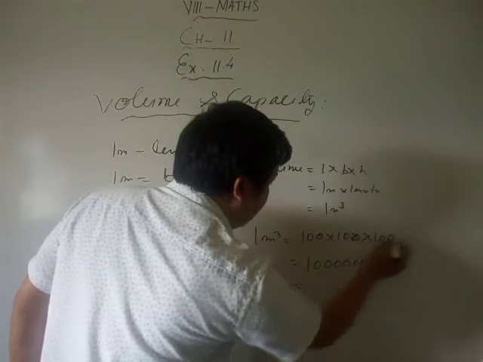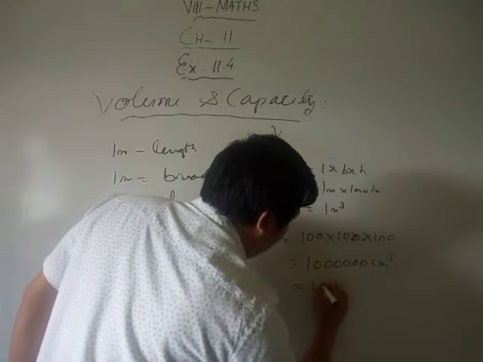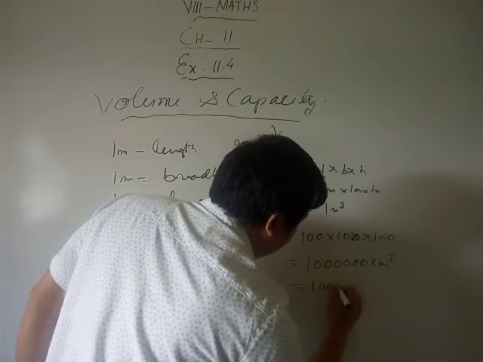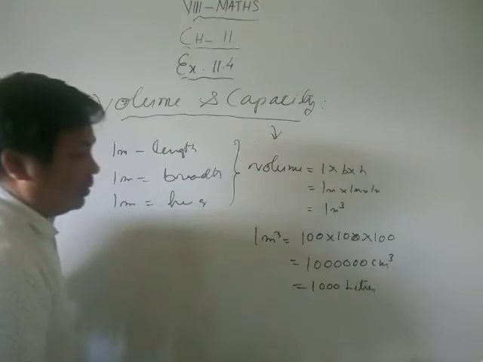So per centimeter you are getting here 1,000 liters. Okay, 1,000 liters.